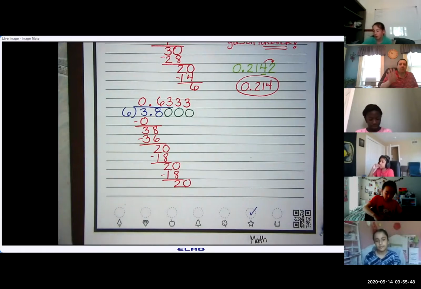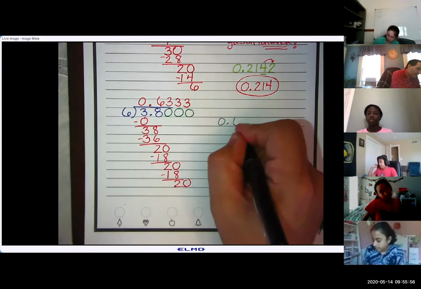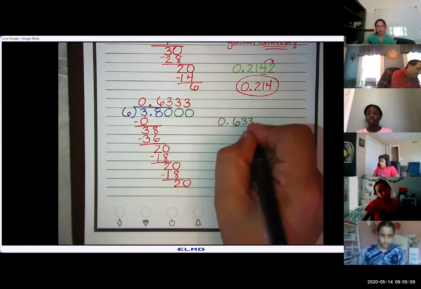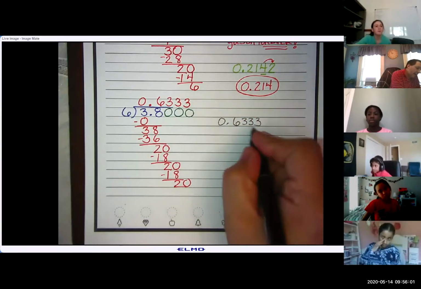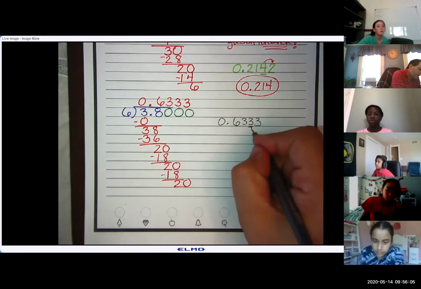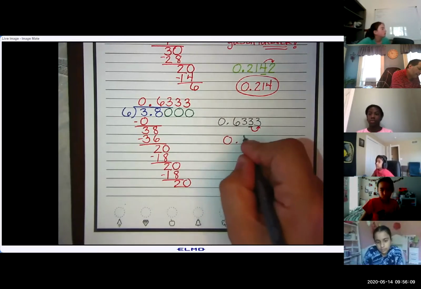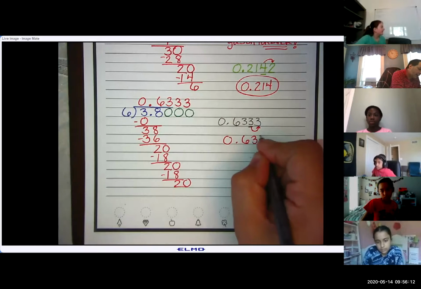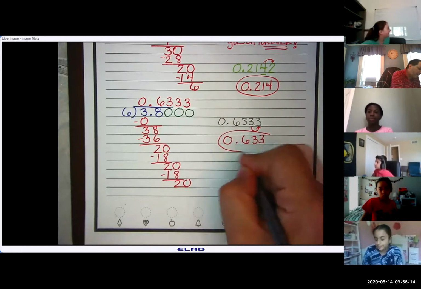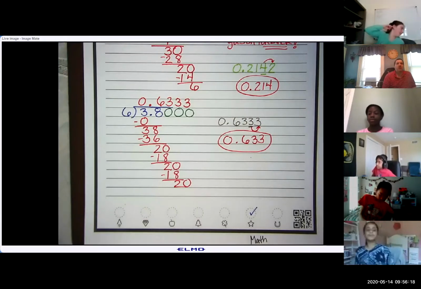Once you get to that 4th decimal place, you stop. I look at what I have: 0.6333. I need it to be this long, so I look at my next digit. It's a 3, so I round down. My answer should be 0.633, because I've rounded to the nearest thousandth.